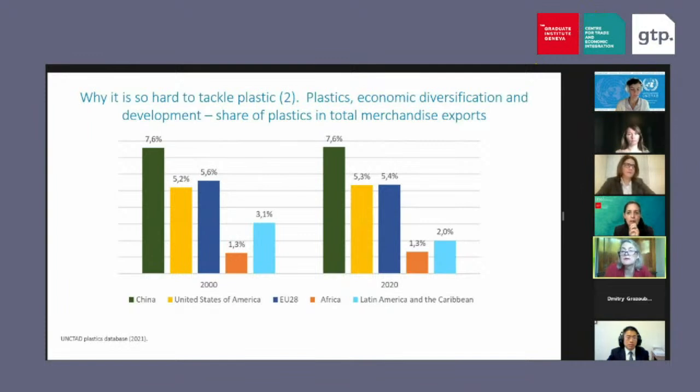So again, it's significant. Not Africa. Africa is not a significant exporter of plastic, but the other regions are. And so you immediately understand that this is not going to be straightforward to try and regulate or reduce the excessive use of plastic.